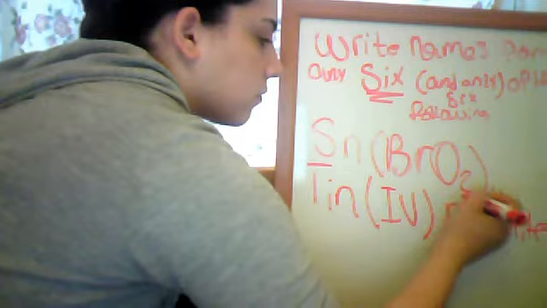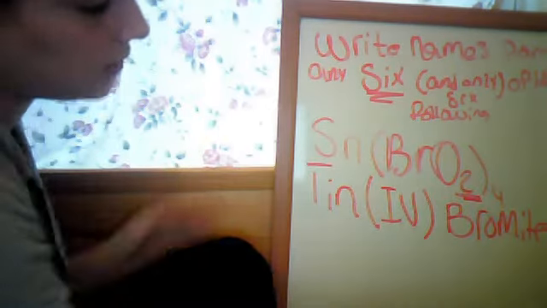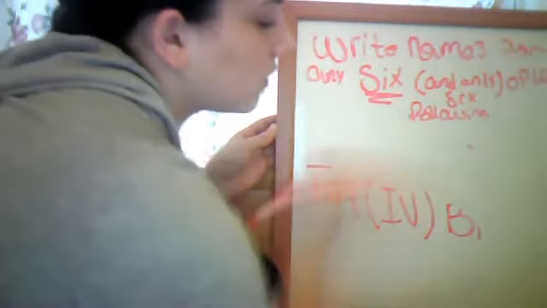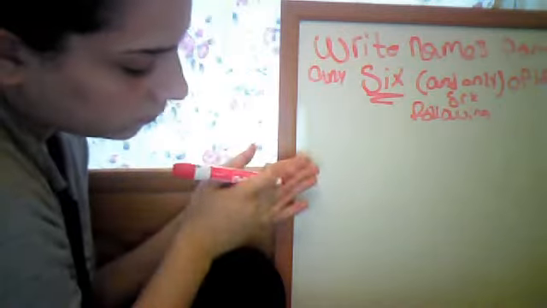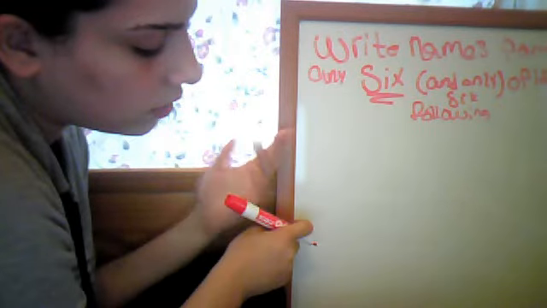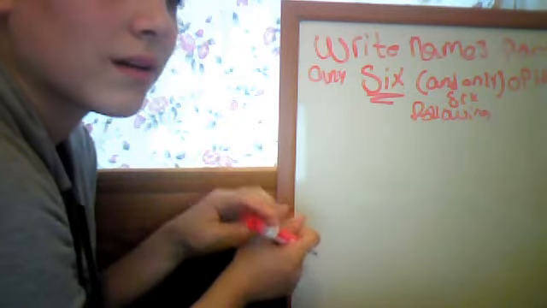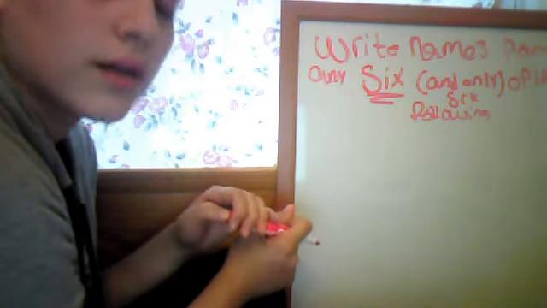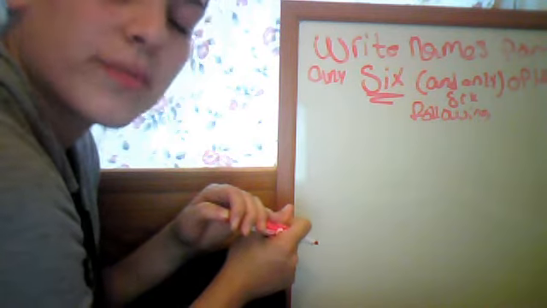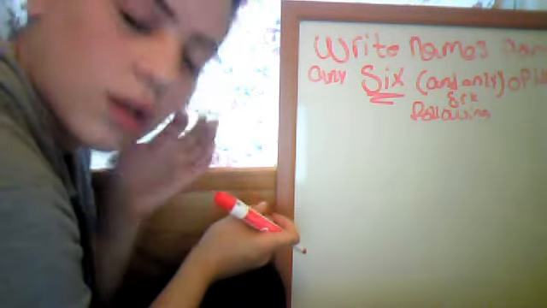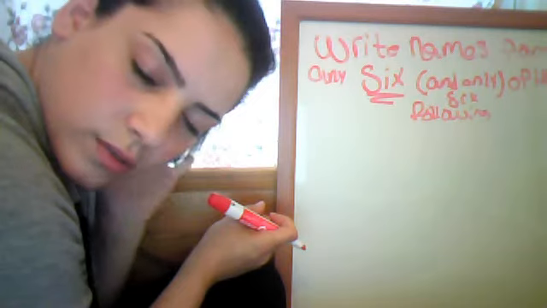Yeah, I got bromide. That's it. When we have chromium, silver, lead, zinc, and a lot of others I didn't list, they have a special Roman numeral next to them, so you have to memorize these.